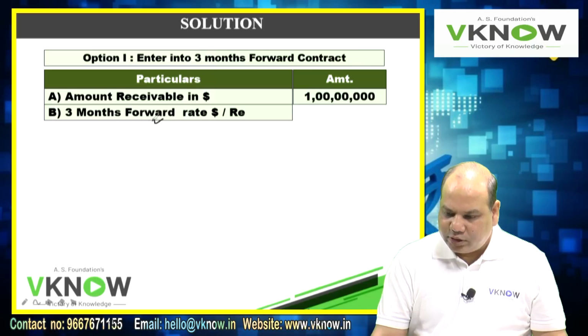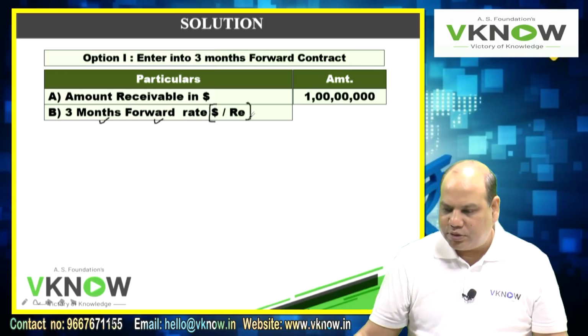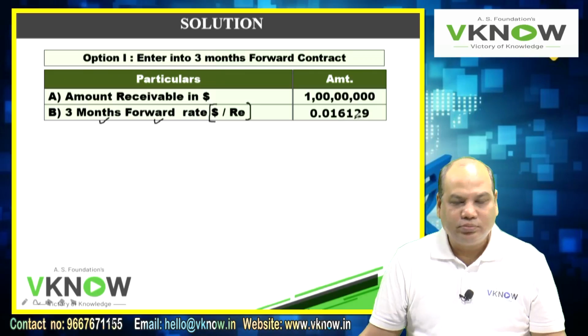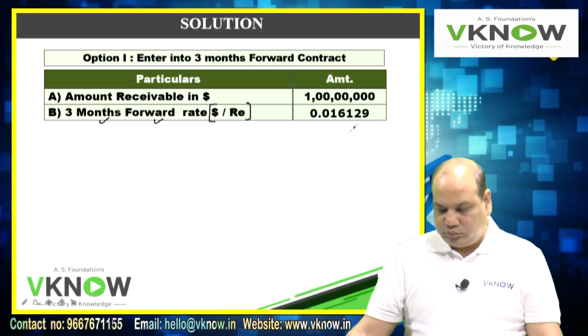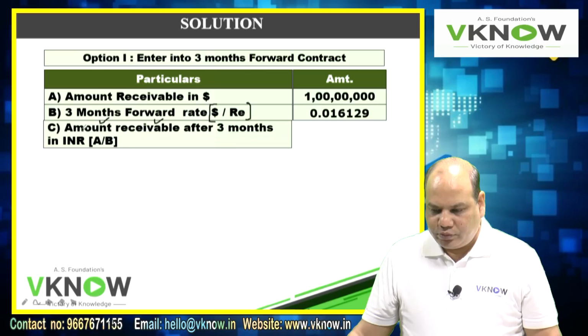Forward rate will take 3 months, not 1 month, because you are going to receive the money after 3 months. So dollar per rupees 0.016129. Then C, amount receivable after 3 months.